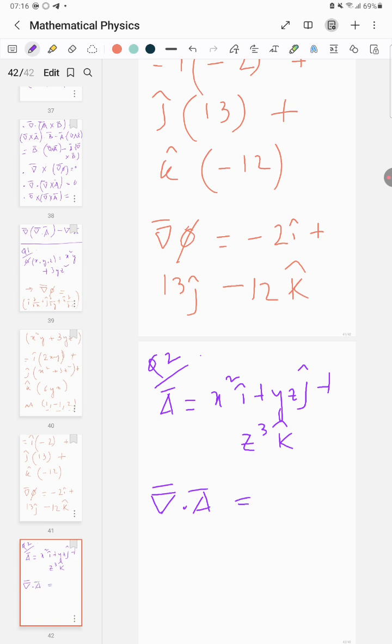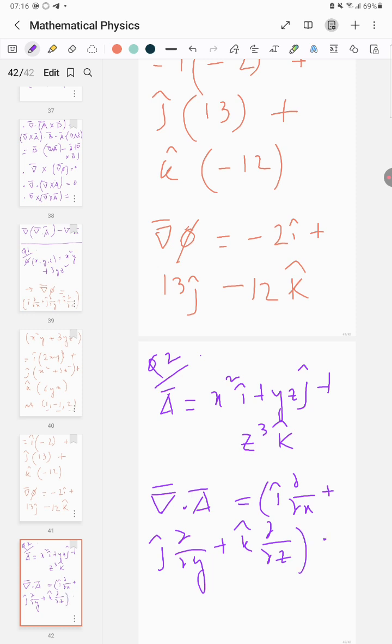Divergence of A is I cap del del x plus j cap del del y plus k cap del del z, dot A, which is x square I cap plus yz j cap plus z cube k cap.